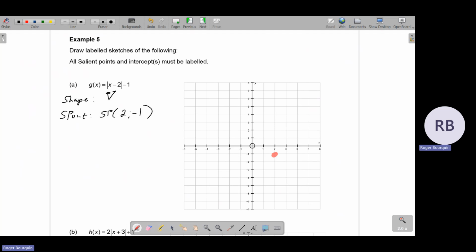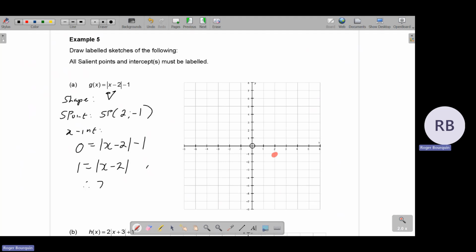So to find the x-intercept, we're going to go naught is equal to the absolute value of x minus 2, minus 1. I get the absolute value on its own, so I get 1 is equal to the absolute value of x minus 2. Okay? If the absolute value of something is equal to 1, what could be the thing inside the absolute value?